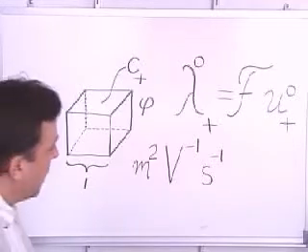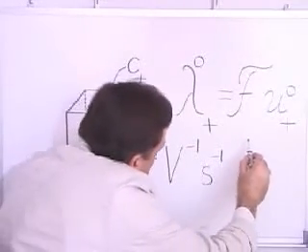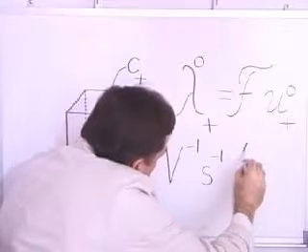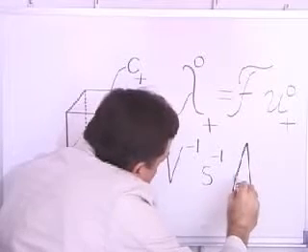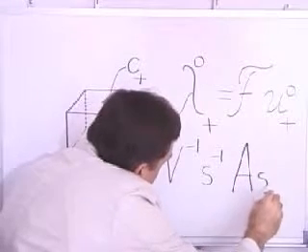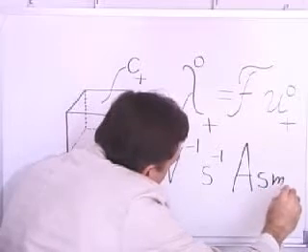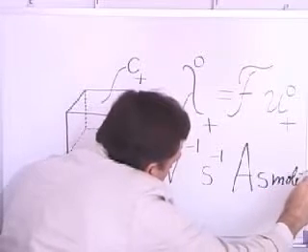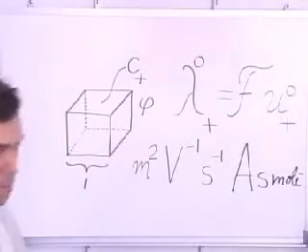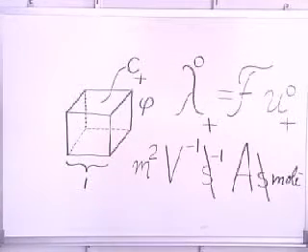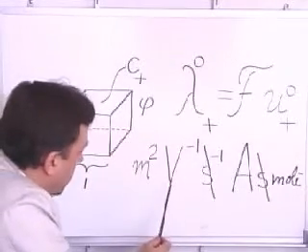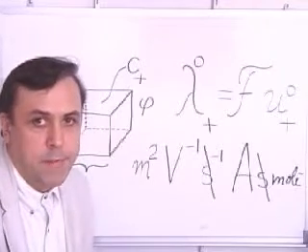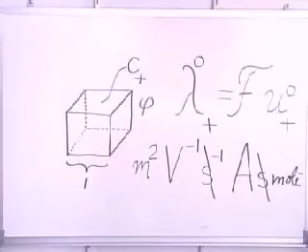And the units in which the Faraday constant is expressed are coulombs or amperes times seconds per mole. We have, and amperes over volts gives omega to the minus first. We have finally.